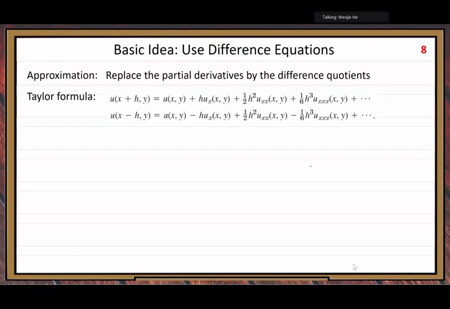Now let's look at the first derivative expression. You can see the first derivative is approximately equal to the difference of these two.